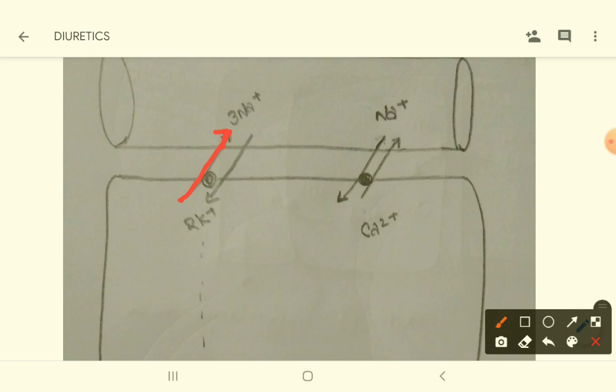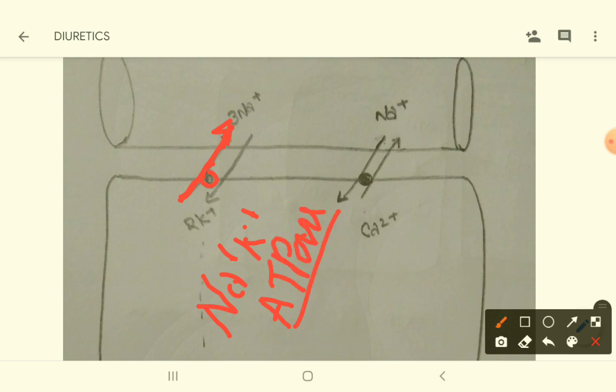Sodium coming into the epithelial cell will be reabsorbed via this pump, the sodium potassium ATPase, which removes 3 sodium from the epithelial cell and brings 2 potassium into the cell. Thereby sodium is reabsorbed, and chloride will be reabsorbed through its transporter. That is not our main concern. Our main concern is sodium.